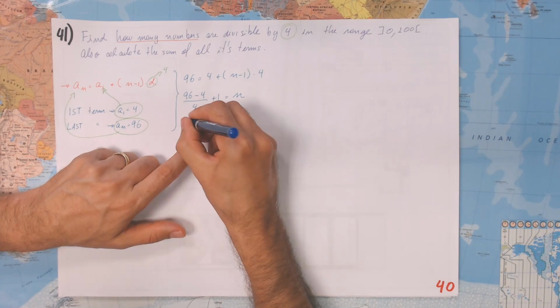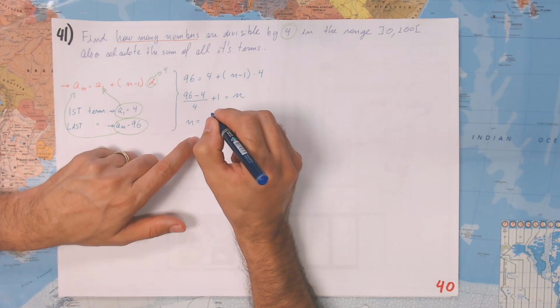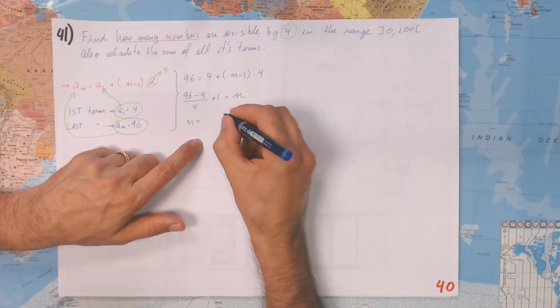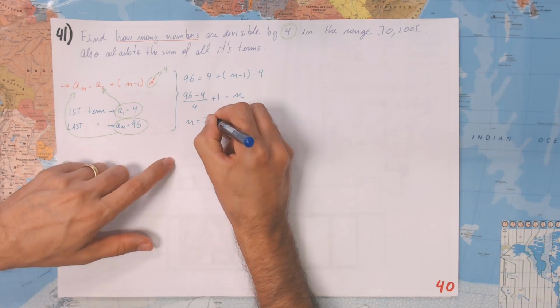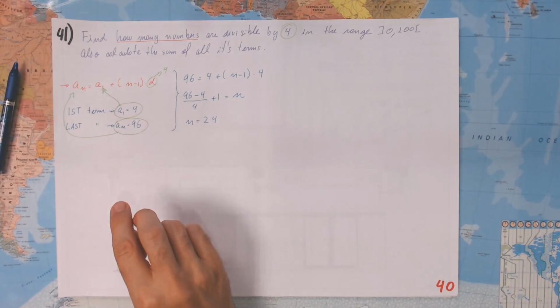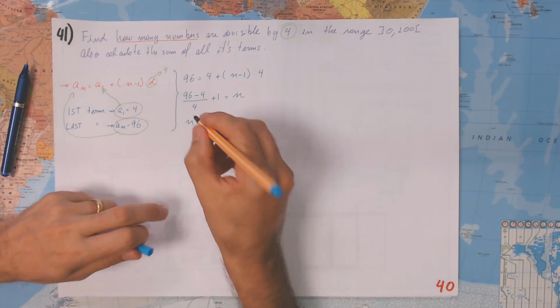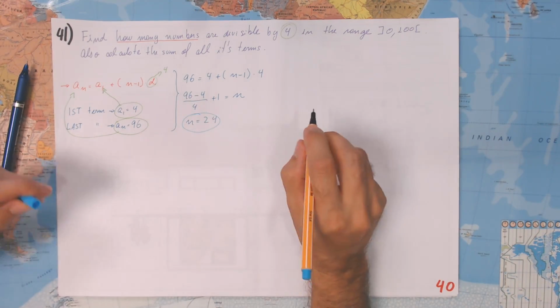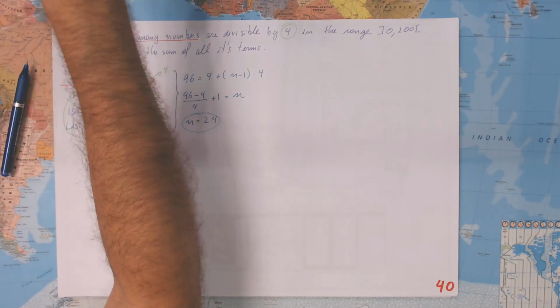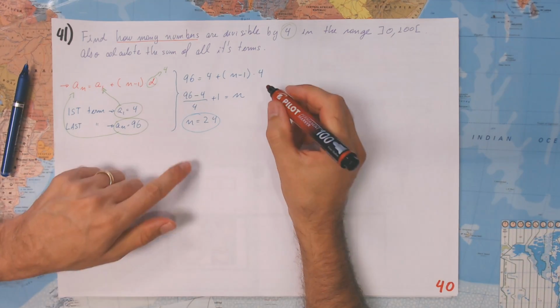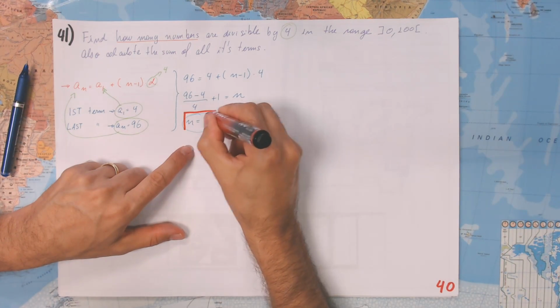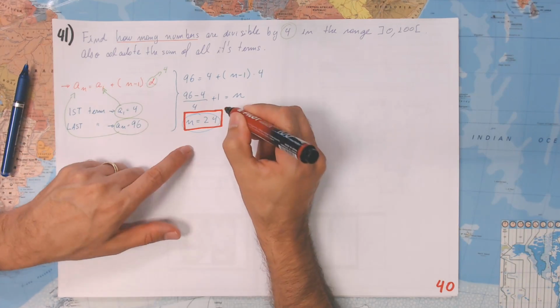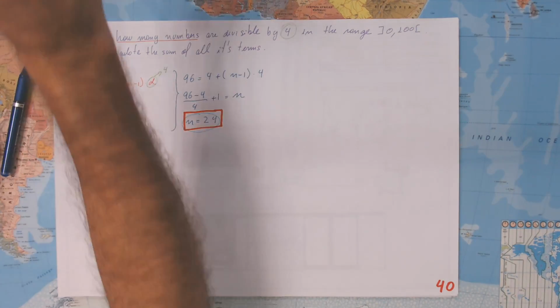This is going to be n, and it is going to be, if I'm not mistaken, 24. Okay, so this is the first information we have. Okay, actually, this is how many terms we have in our sequence. Okay, this is one answer.